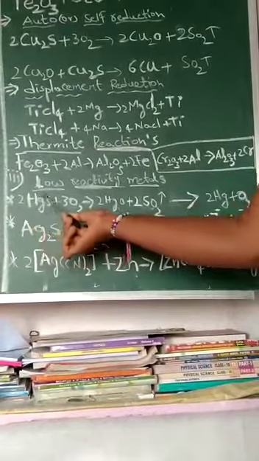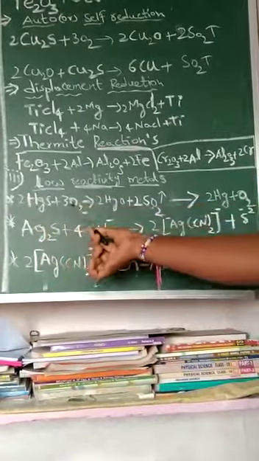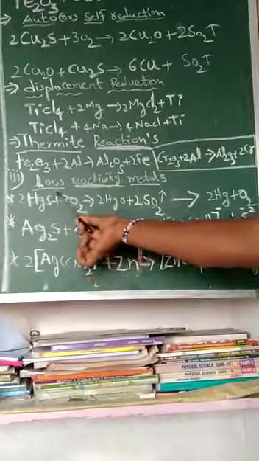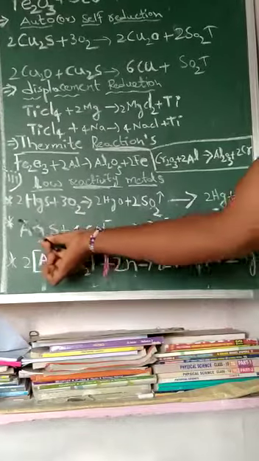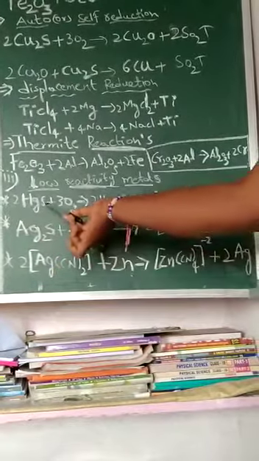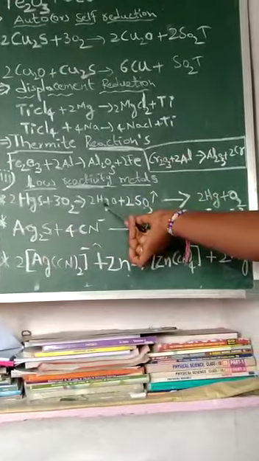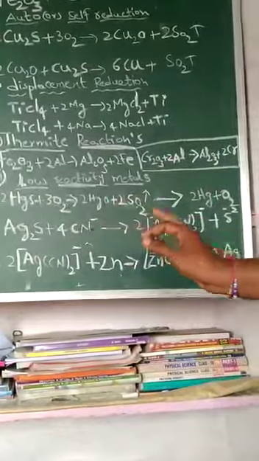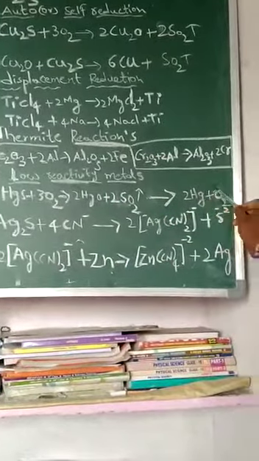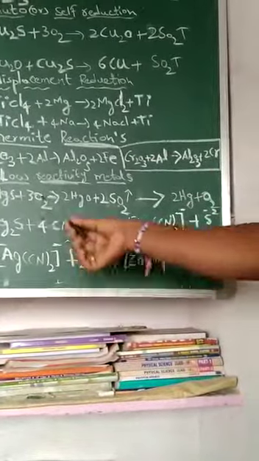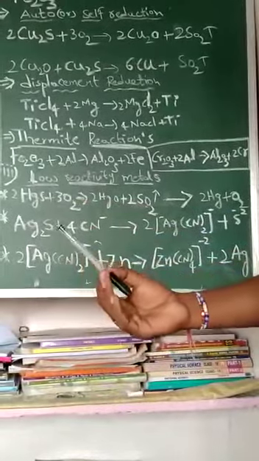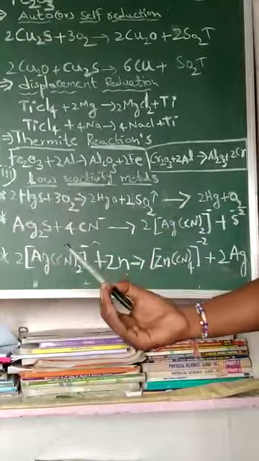This mercury sulfide ore burns in the presence of excess oxygen, meaning it is a roasting process. After the roasting process, the sulfide ore is converted into oxide. On further heating, this oxide self-reduces. So it becomes 2Hg plus O2. Okay.